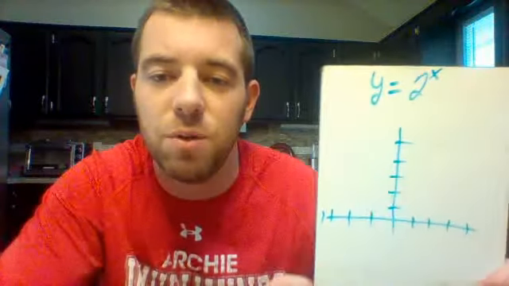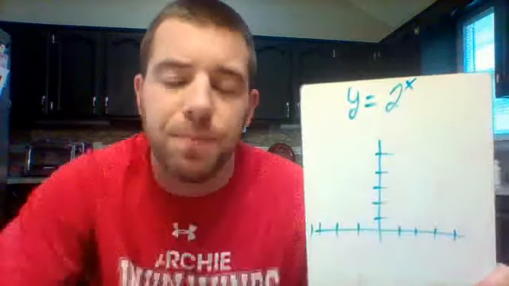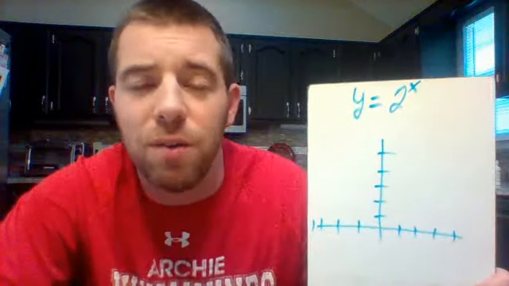Alright, so first one we're going to do, y equals 2 to the x. Okay, no a's at this point, no h's at this point. This is all I'm doing. That's where you can see it. That's it. Now remember, I said that we're not going to have a parent function and we're not.